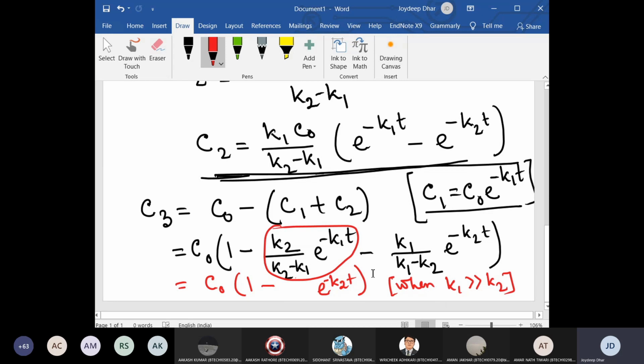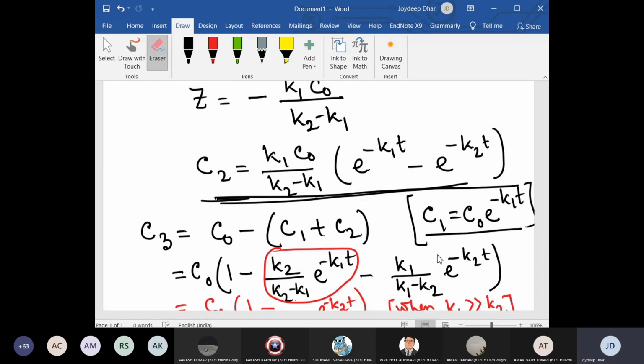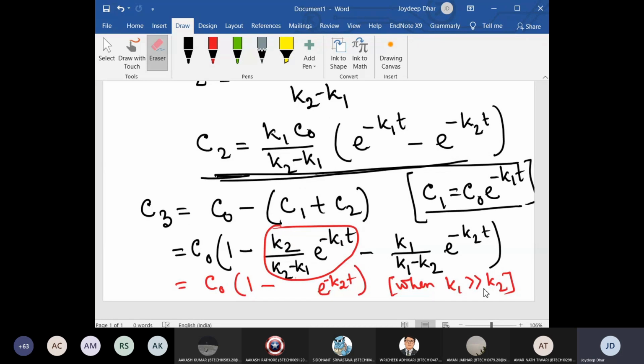Now another case, when I can approximate, when K2 is much larger than K1. So when K2 is much larger than K1, then what will happen? It will be reverse. In the reaction mixture, B will not be formed, it will be consumed immediately.